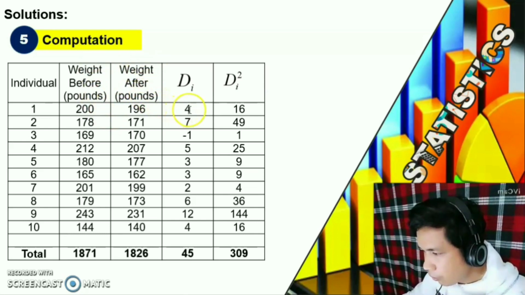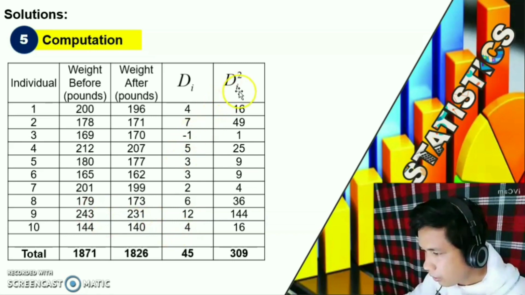So we have the value 4, which is 200 minus 196. That is 4. On the second, we have 178 minus 171, we get 7. And we repeat the steps to get the difference.